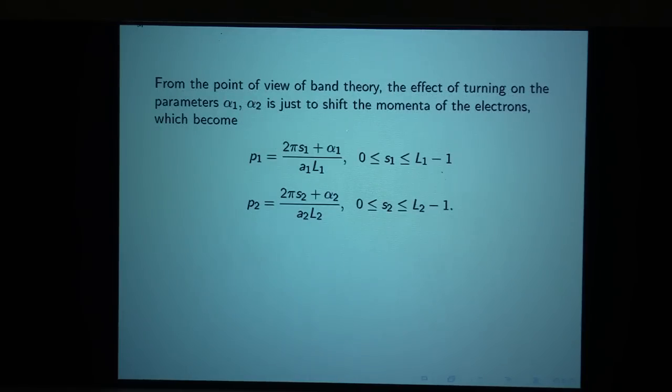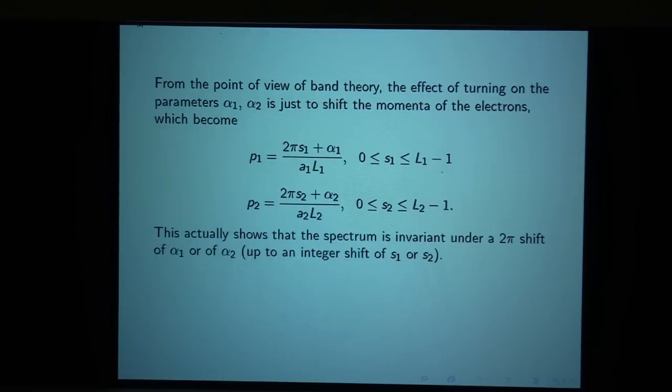Now, in band theory, the effect of turning on the parameters alpha 1 and alpha 2 is to shift the momenta of the electron. So they no longer are what they were before, but rather there are these shifts by alpha 1 or alpha 2 in the numerator. And as a check, you see that if you make a 2 pi shift in alpha 1 or alpha 2, you get back the same allowed set of momenta after shifting S1 or S2 by minus 1 to compensate for a 2 pi increase in alpha 1 or alpha 2.